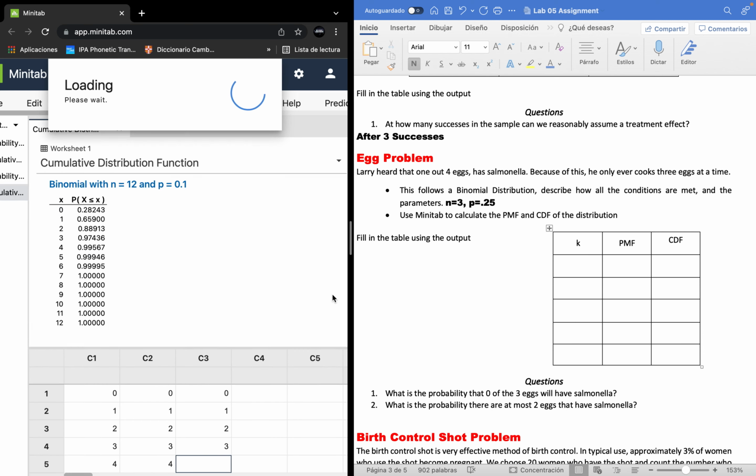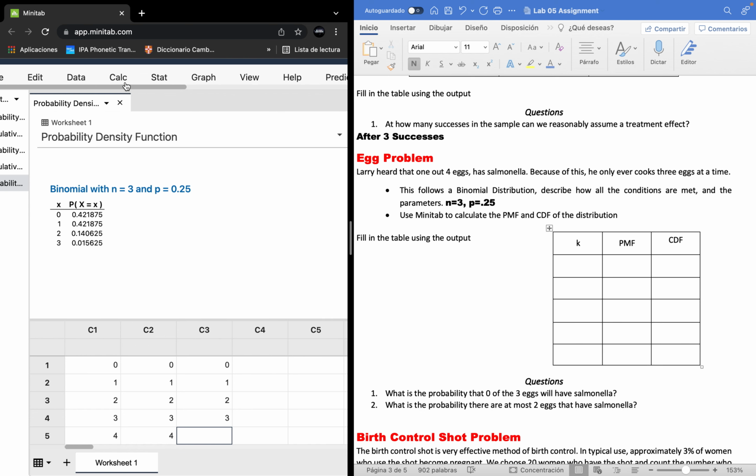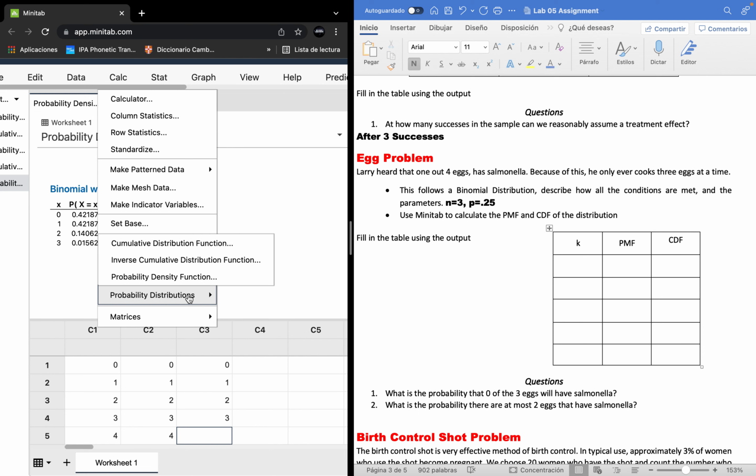Display the table. OK. And there you have the probability we observe 0 eggs with salmonella, 0.42. 1 egg with salmonella, 0.42, the same, right? And 2 eggs, 0.14, and so on.